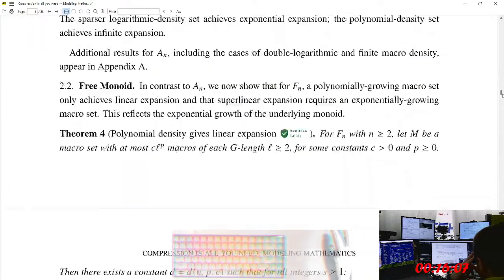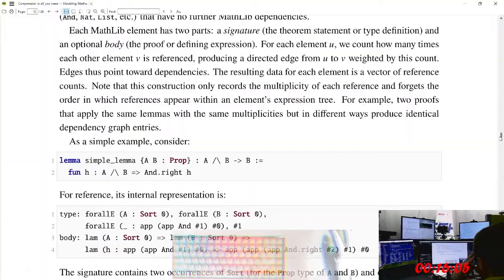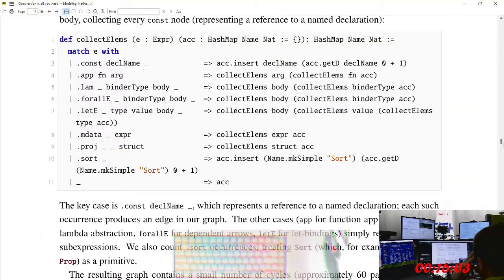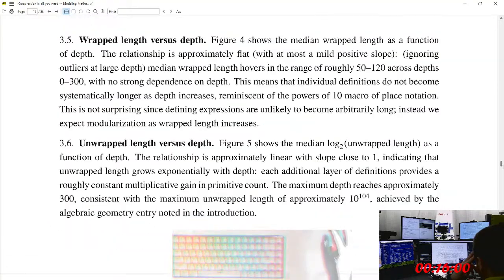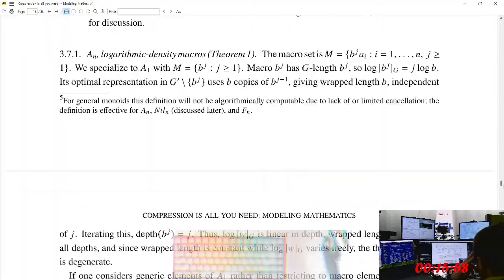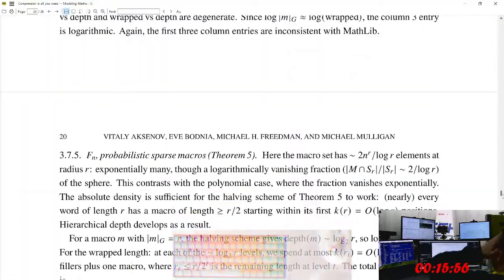Ooh, it's a little bit dense. I don't know if I'm going to be able to get through all this right now. So what did I just read?